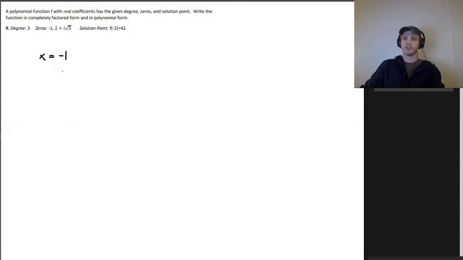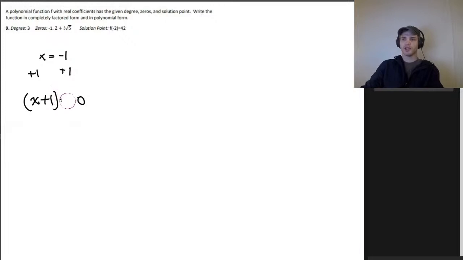If I add 1 to both sides, then x plus 1 equals 0. This is a factor of the polynomial, so I can say for sure that x plus 1 is a factor.